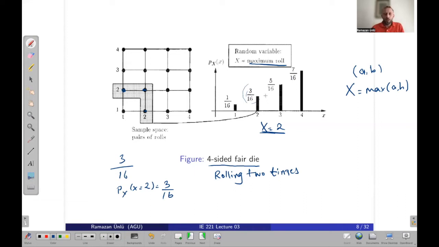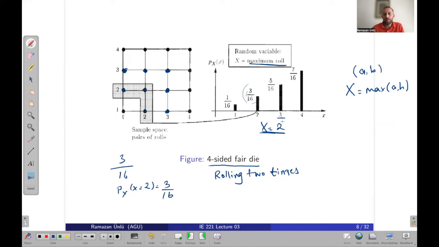So let me do one more here, and you can do the rest of them at home. Let's do this one. This is the 3 one. So I think this point, this point, this point, this one, and this one: 1, 2, 3, 4, 5. These 5 points are associated with the 3, right?